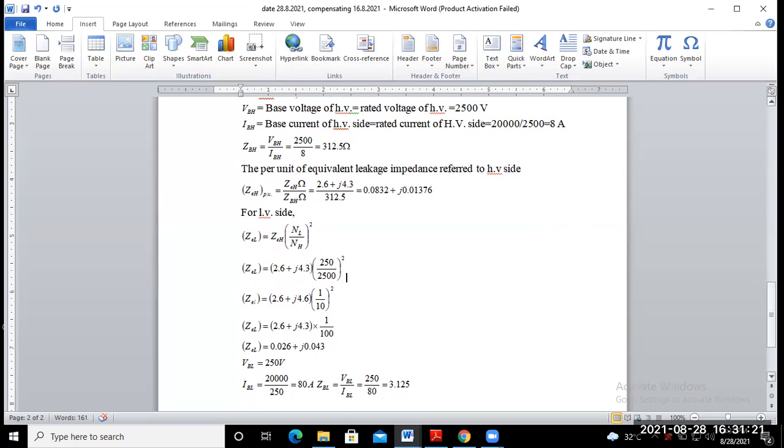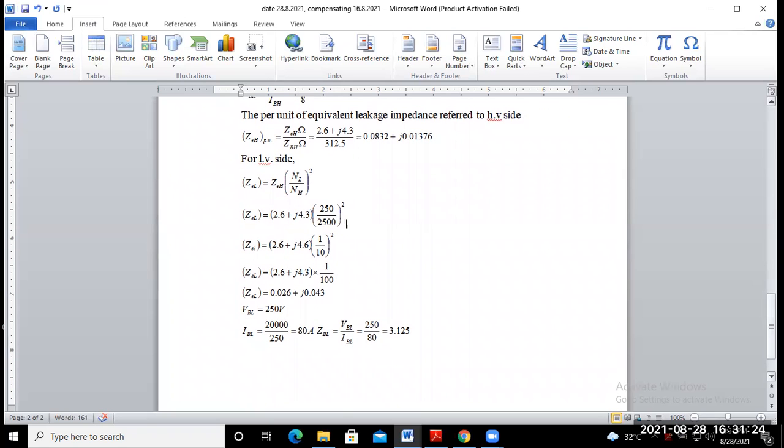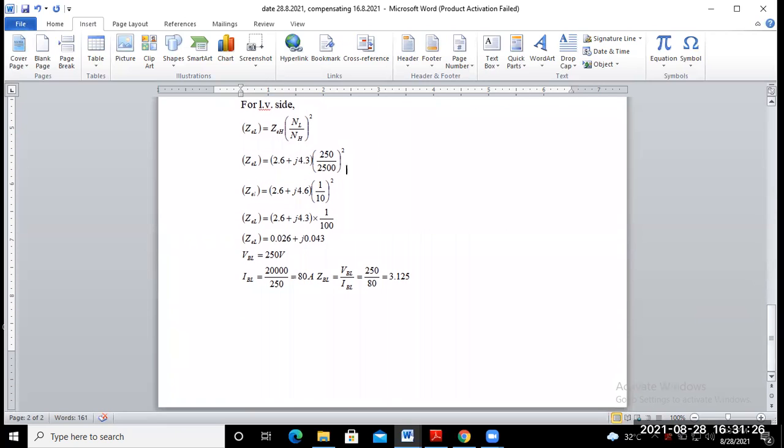So now we can solve for part 2, that means ZEL in per unit.